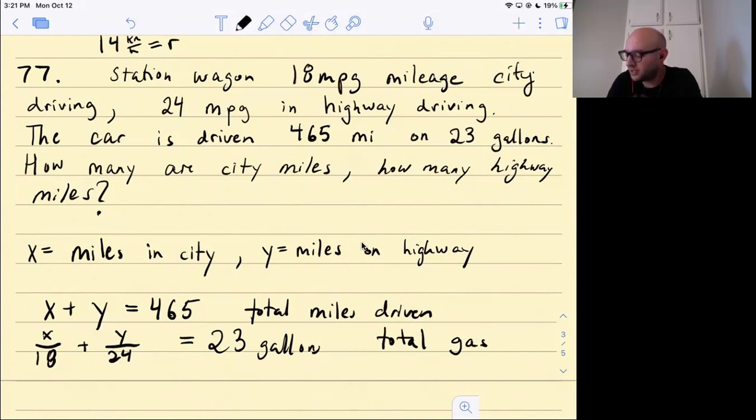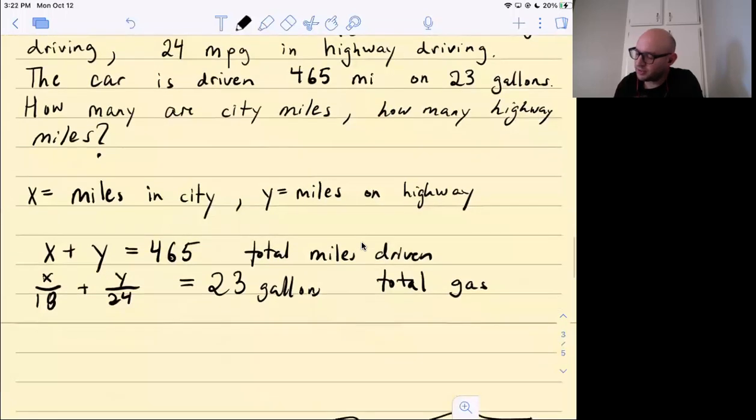And now you could solve this. One thing I would probably do, because I don't want to deal with fractions, is multiply everything through by a least common multiple of 18 and 24. I think 72 would work. So I would get rid of all the denominators.